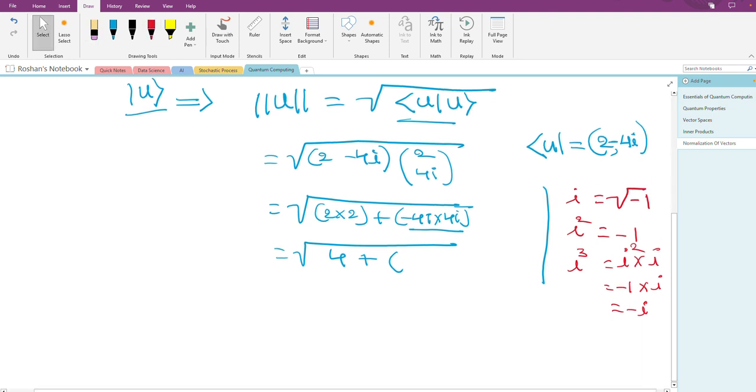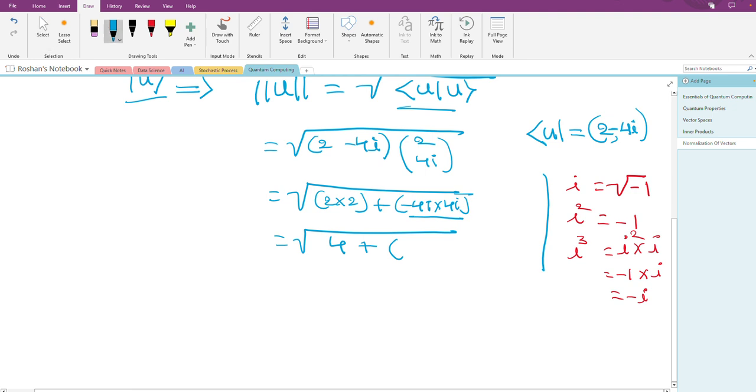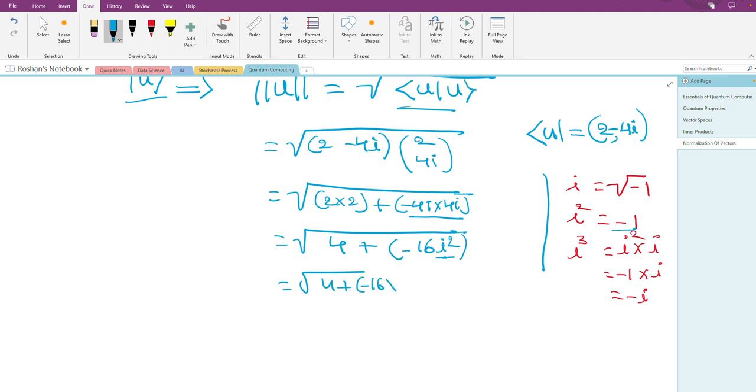Now it will be plus into minus is minus 16 i square. But we know the value of i square is minus 1. So you can write the root of 4 plus minus 16 into minus 1. So it will be the root of 4 plus minus into minus plus 16.